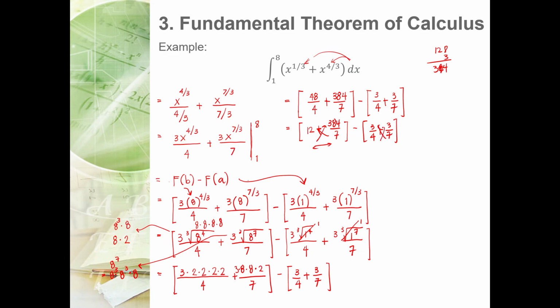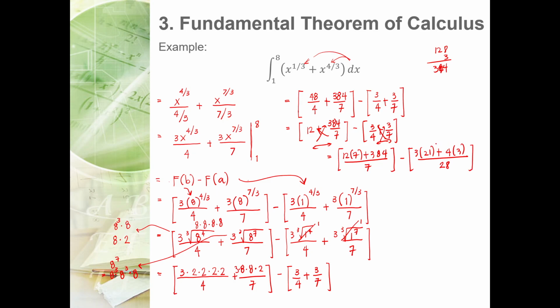So same goes on the right side. So this becomes 12 times 7 plus 384 all over 7. Then minus 3 times 21 plus 4 times 3 all over 28.